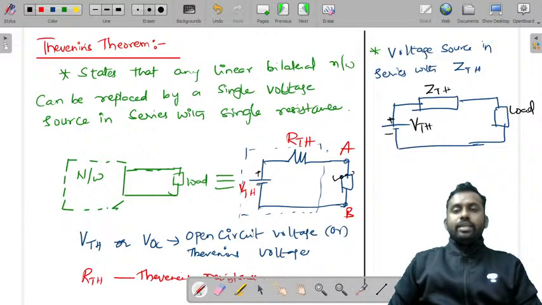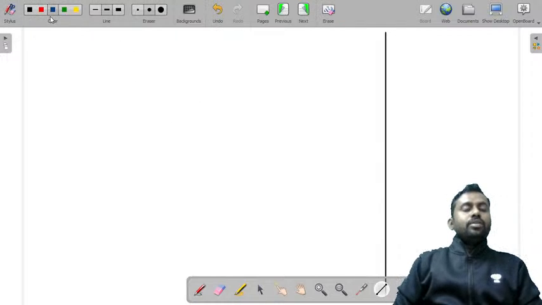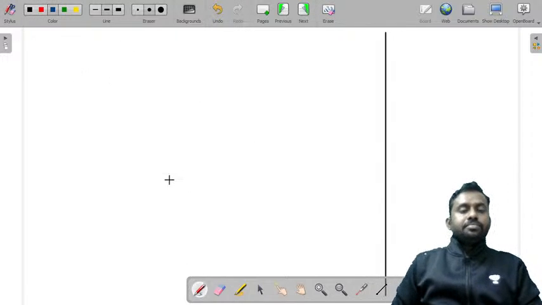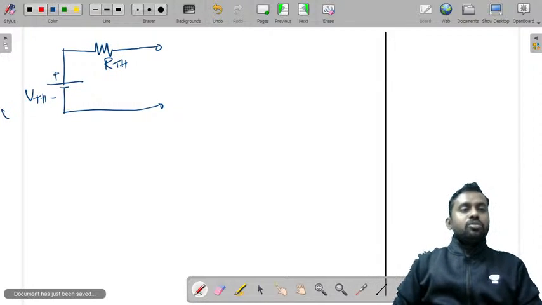And this load is any element where you have to find the voltage or the current. Now let us say this is the voltage and the resistance, this value is RTH, this is VTH with plus minus, also called VOC or VTH.